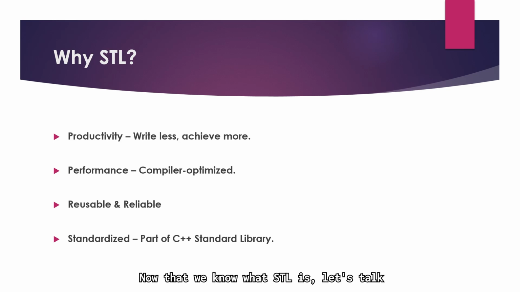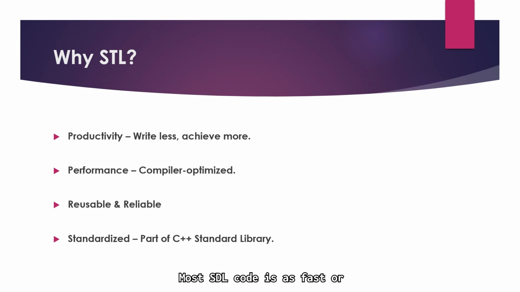Now that we know what STL is, let's talk about why it's so useful. First of all, productivity. STL lets us write less code without sacrificing performance. Need a sorting algorithm? It's already built in. Want a dynamic array? Just use vector. Second, STL is highly optimized.